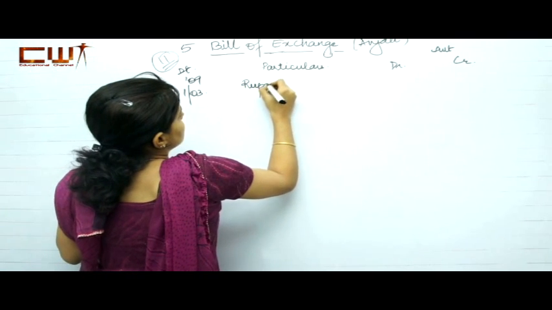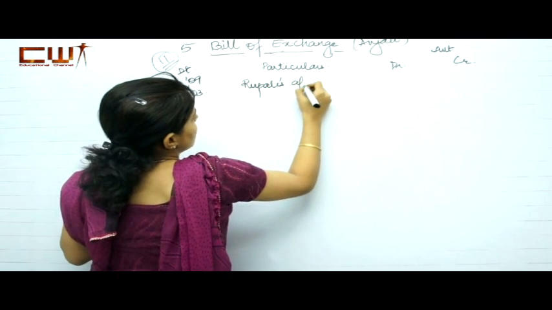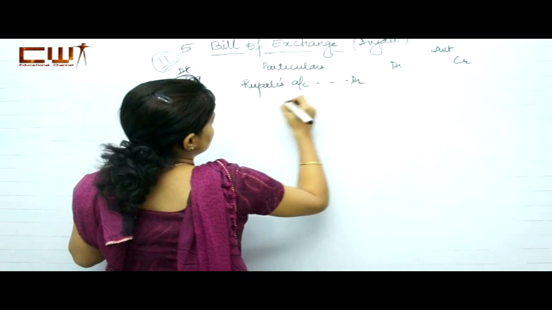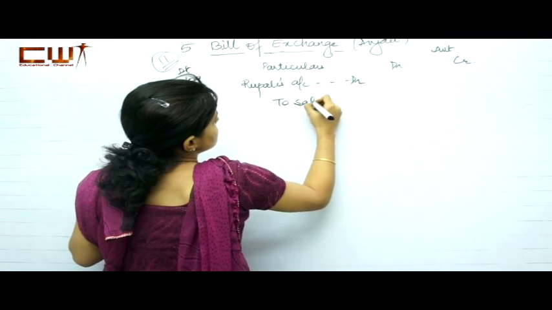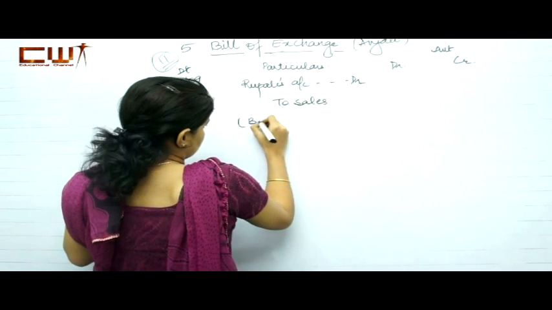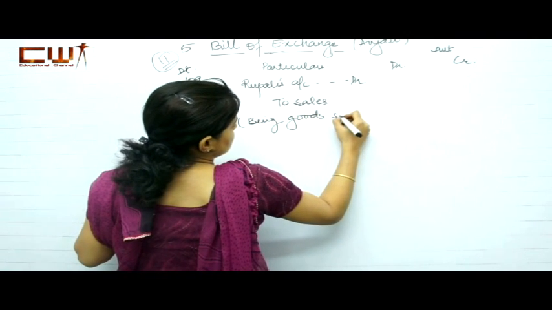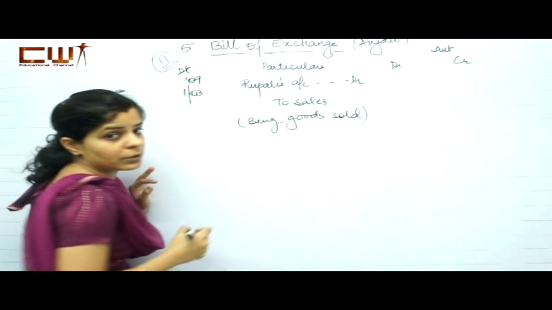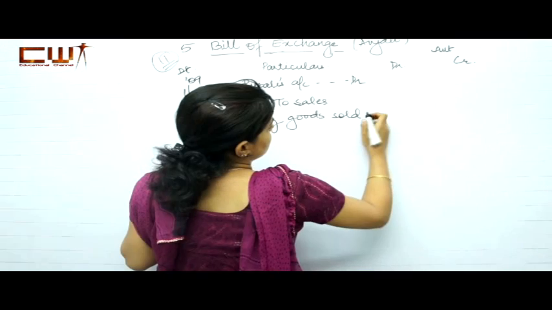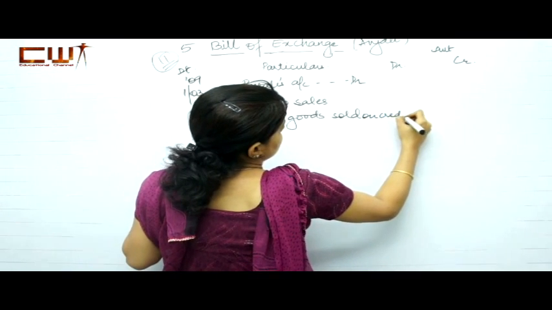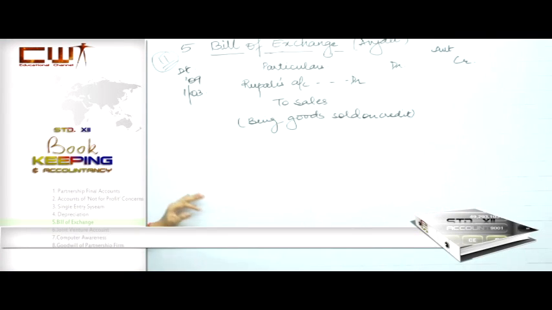So Rupali's account debited, she is your debtor now, to sales. Being goods sold on credit. Of 10%.